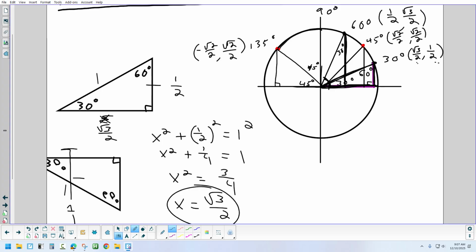You can do the 45, the 135, this is 225, and that would be your 315. Okay, I'm not going to start drawing every triangle because then it starts to get really messy. And then the 30 in every quadrant, you've got the 30. Over here, what angle would that be?